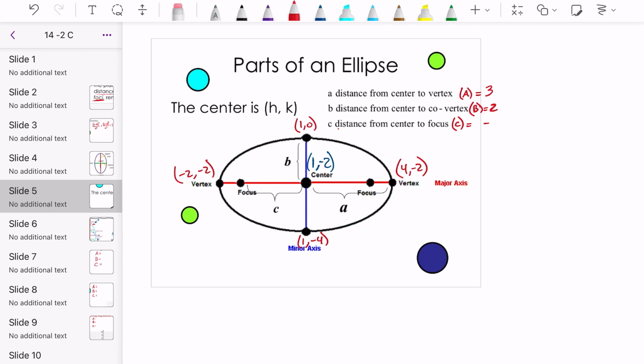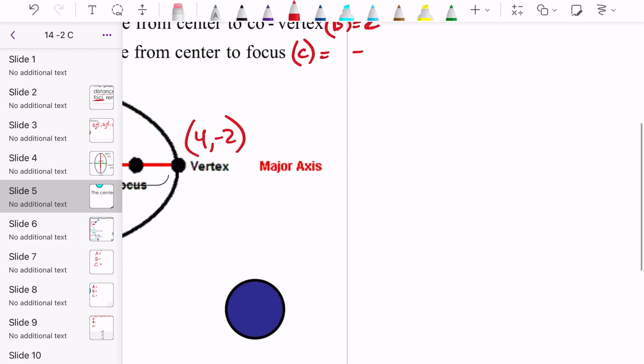The distance from the center to the focus is determined by a specific equation, and that is c squared is equal to a squared minus b squared.